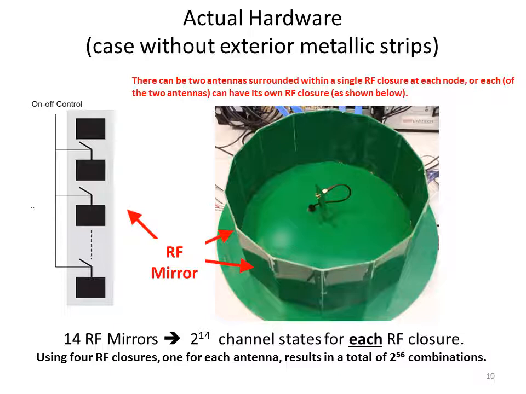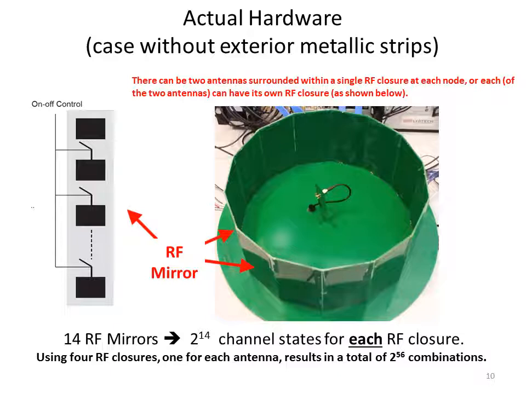What happens is this structure will have a very interesting behavior: in these two states of on and off, in one state it will reflect the signal back in, so this RF signal that goes and hits this wall backs in.